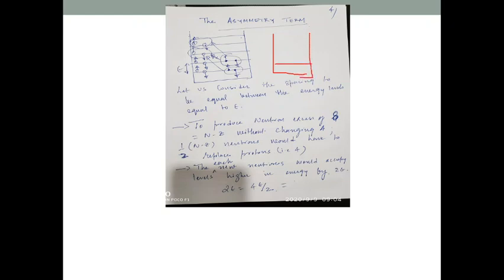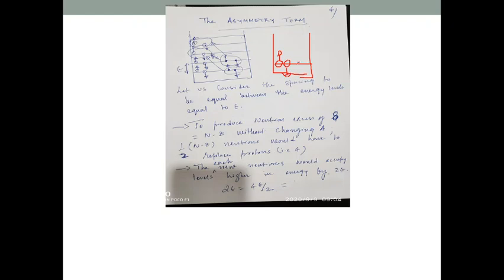Now you have the first energy level. In the first energy level, you have two neutrons, which I show by circles. I can have only two neutrons, one with spin up, and then obviously the other will have to have spin down.